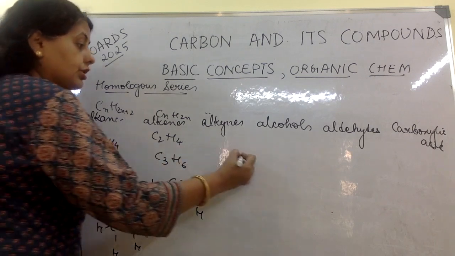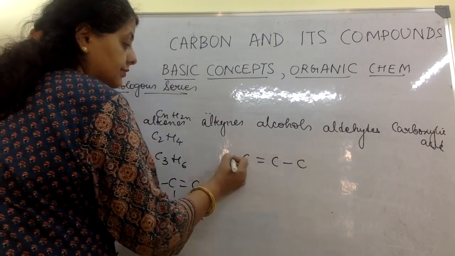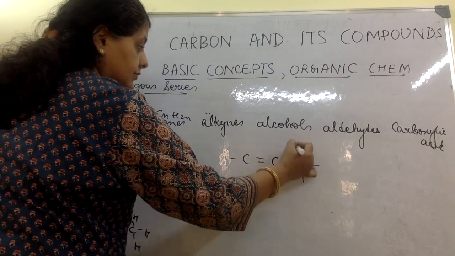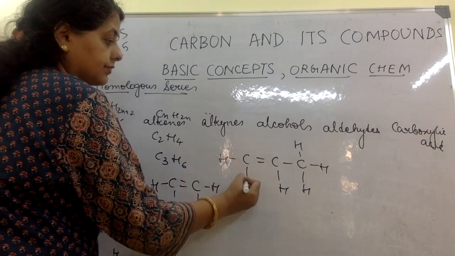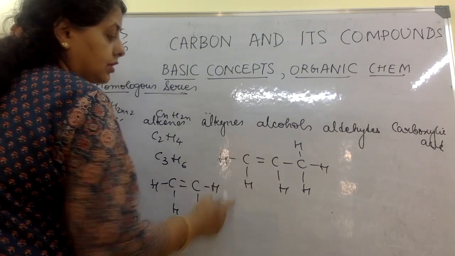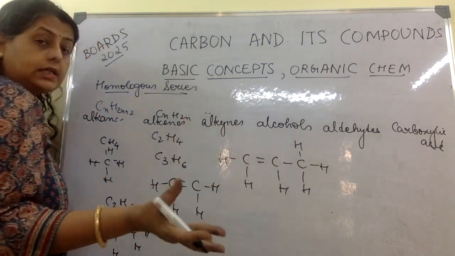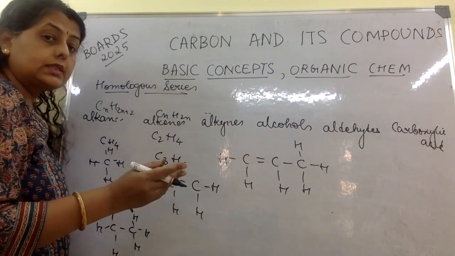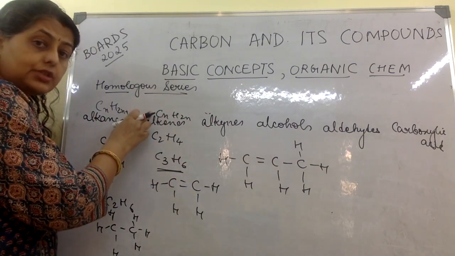You wanted me to draw this, I'll draw this. Keep counting the hydrogens and note here C3H6. C3H6 is the second member of alkenes, and keep following the general formula.